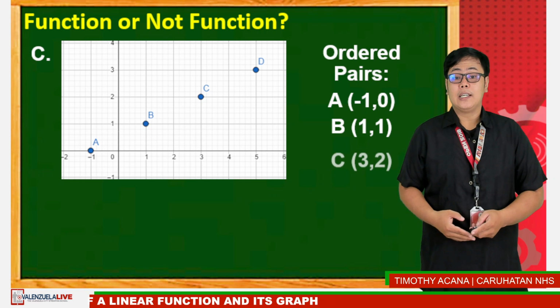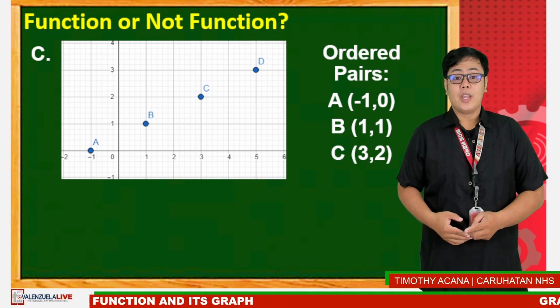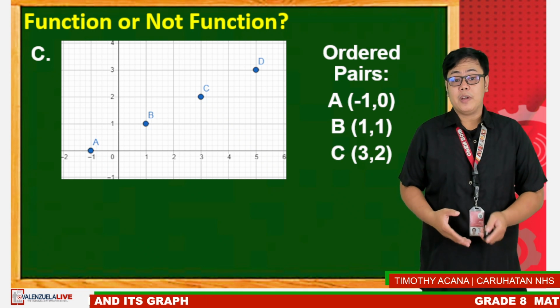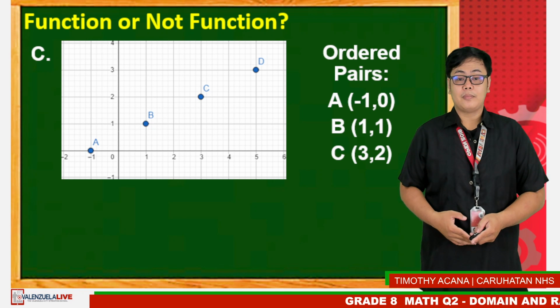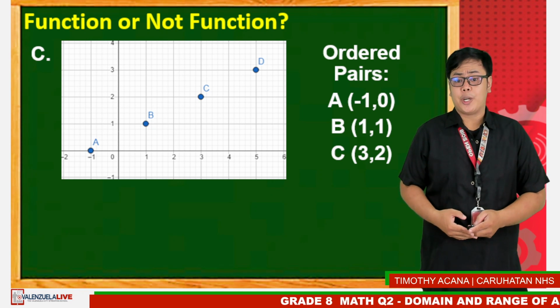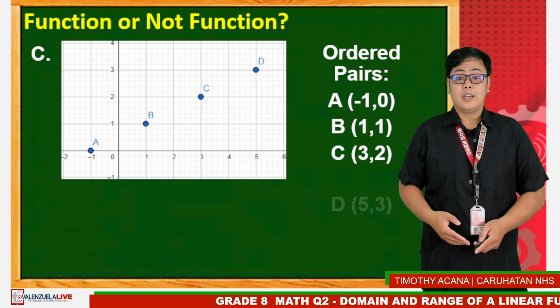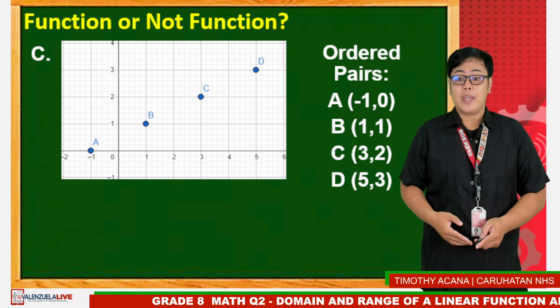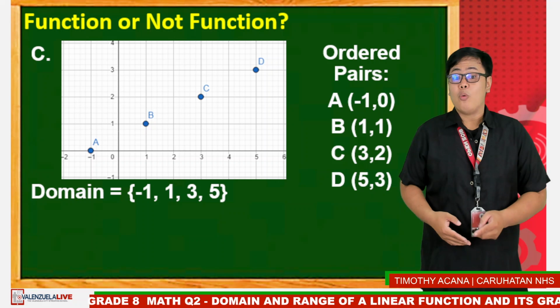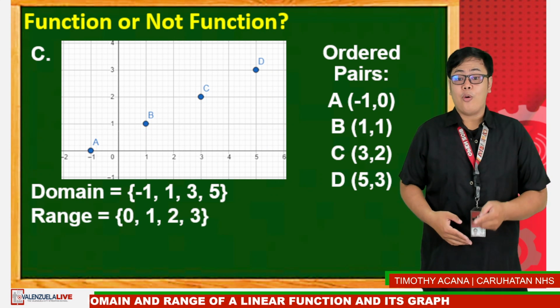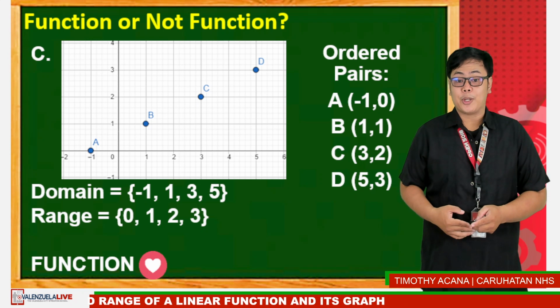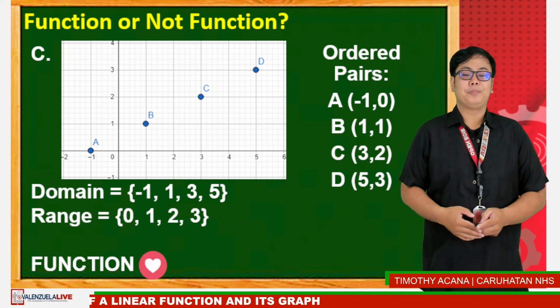Point C, (3, 2). And point D, (5, 3). The given relation is a function since each element of the domain is paired exactly with one element of the range. Were you able to press the heart button? Very good.